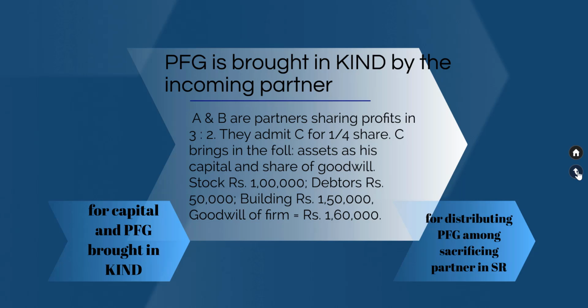Now the second entry is the usual entry for distributing the rupees 40,000 premium for goodwill amongst the sacrificing partners A and B in their sacrificing ratio, which in this case also is 3:2.